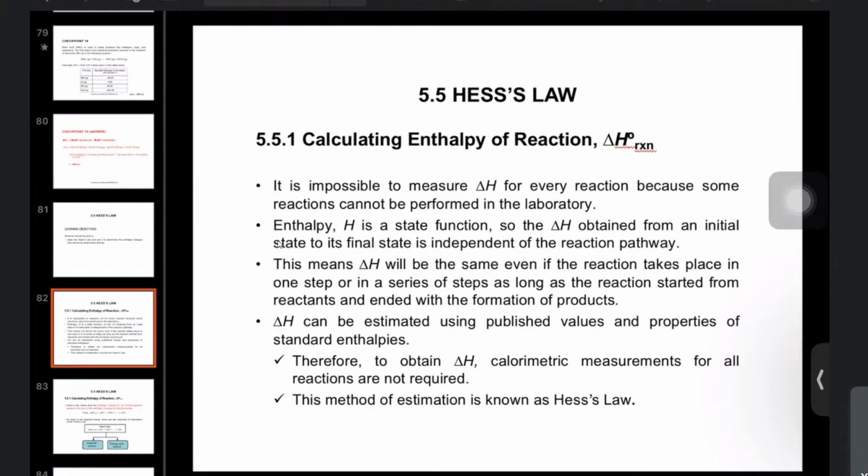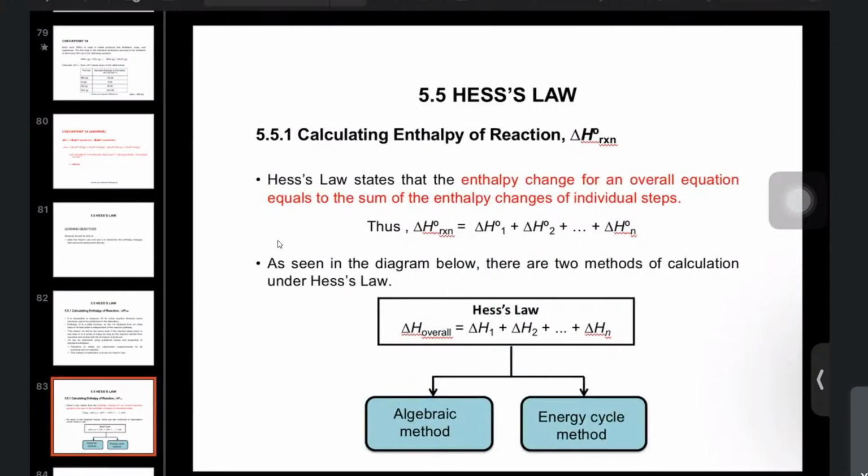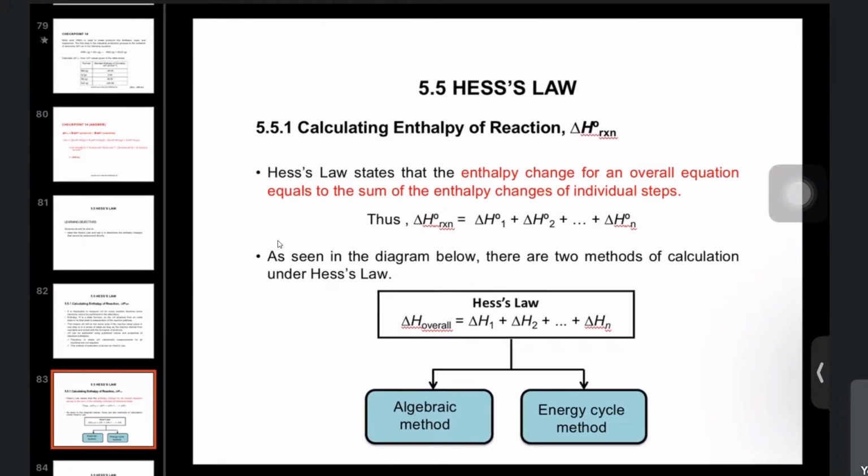So this method of estimation is known as the Hess Law. Calculating enthalpy of reaction by using Hess Law. Hess Law state that the enthalpy change for an overall equation equals to the sum of the enthalpy changes of individual steps. Macam saya kata tadi.